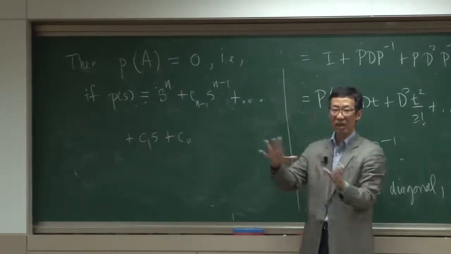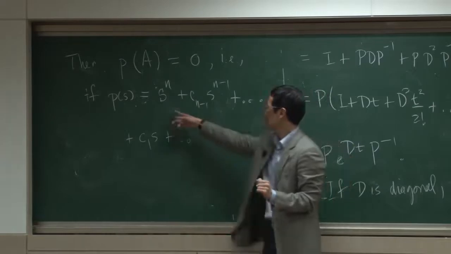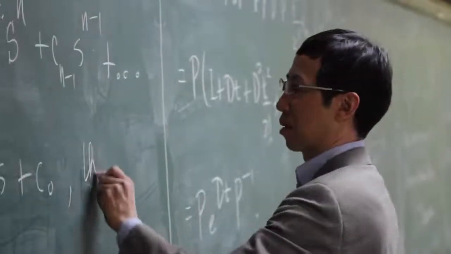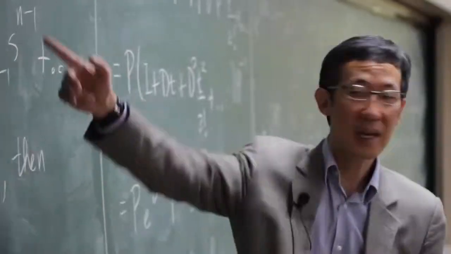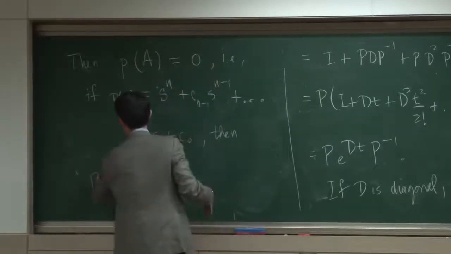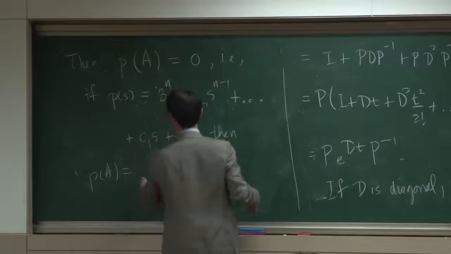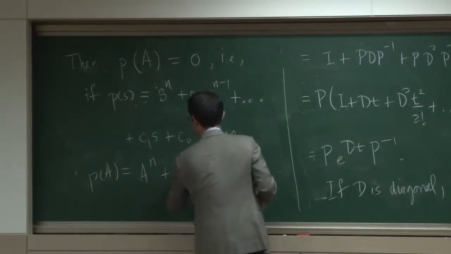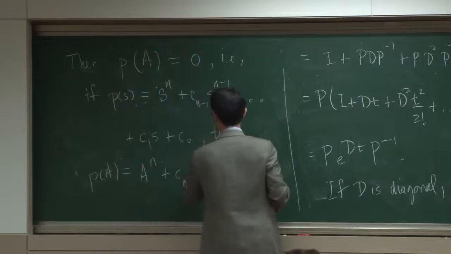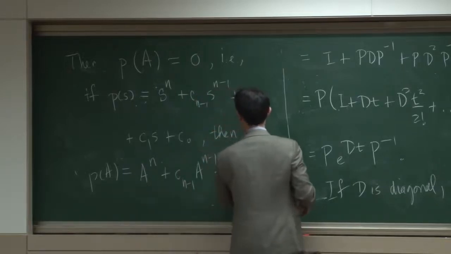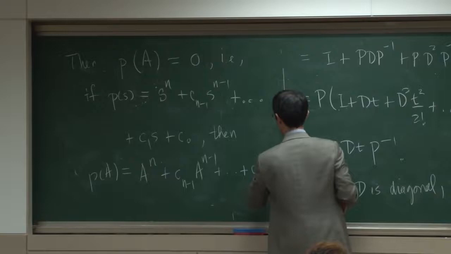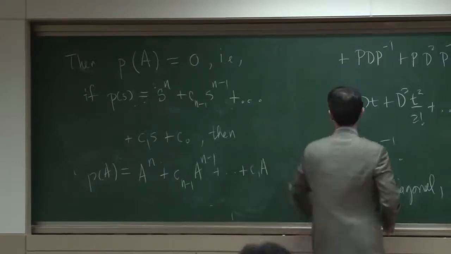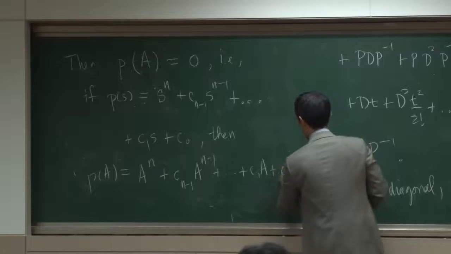If you calculate the characteristic polynomial and it looks like this, then what Cayley-Hamilton says is that P of A is A to the n plus c_(n-1) A to the n minus 1, plus c1 times A, plus c0.